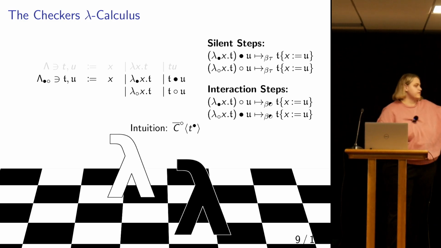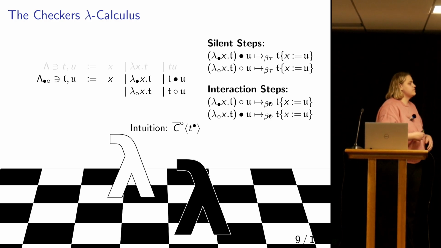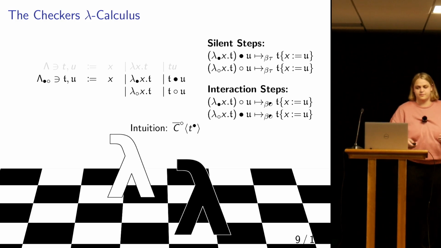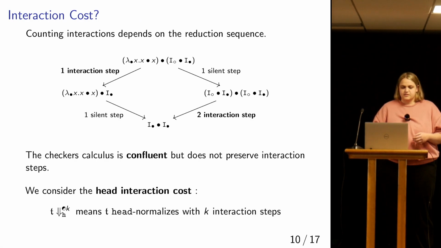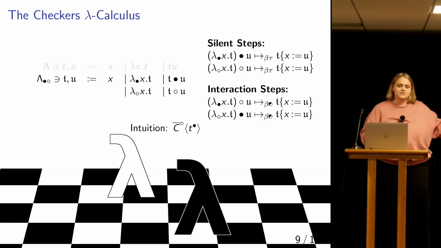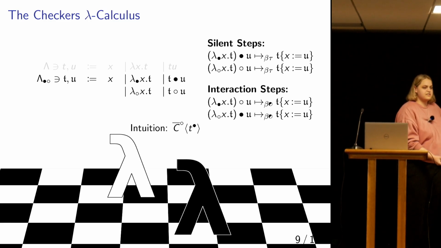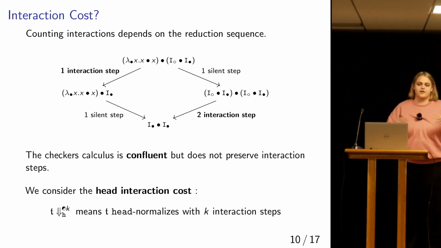And so, the result of all these steps is, as usual in beta reduction, just the capture-free substitution. So this is the calculus, and we want to know where are the interaction steps, where are the silent steps. But of course, this is a calculus, and counting interactions will depend on the reduction sequence.